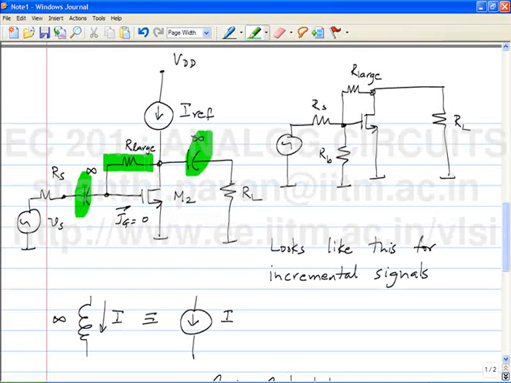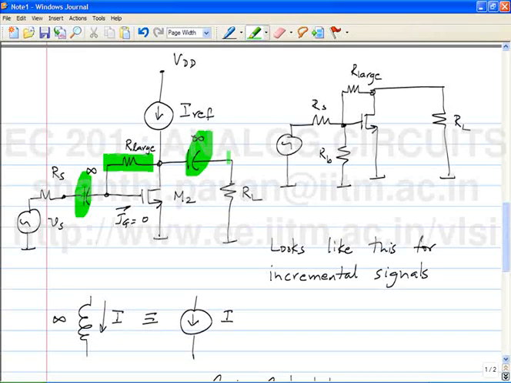So the output swing of this amplifier can never exceed how much before getting cut off? If the gain is large, the swing at the gate is much smaller than the swing at the drain. Is that clear or it's not clear?